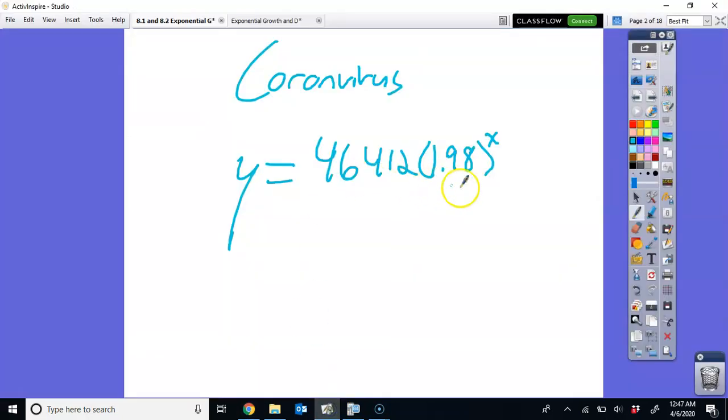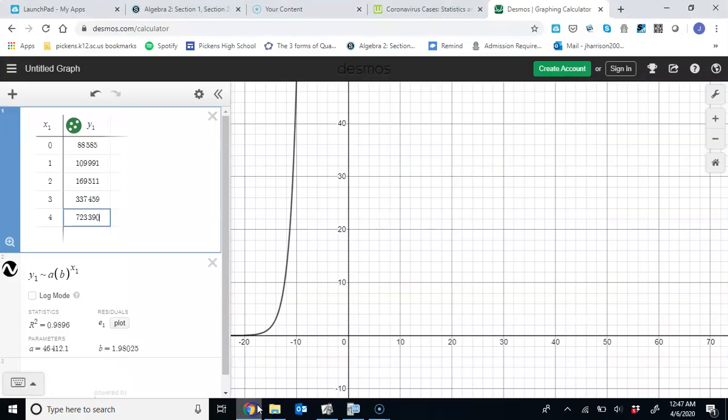Notice what that tells me. Remember, I was doing every week. So what that tells me is that every week I am almost doubling. So it's 1.98. It's almost 2. So I'm almost doubling every single week. And so, yes, it's probably a good idea to watch who you're around and make sure you're not coming into contact with too many people.